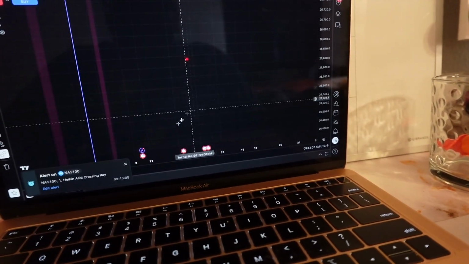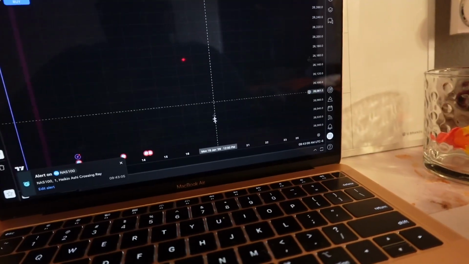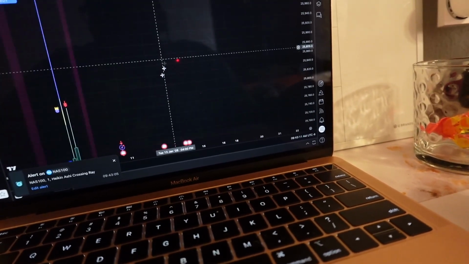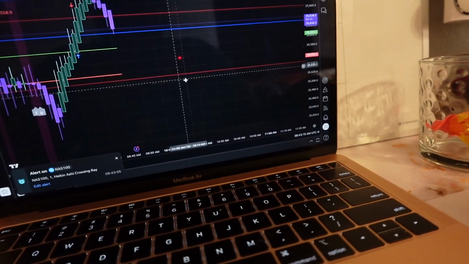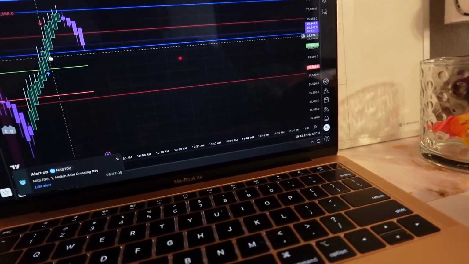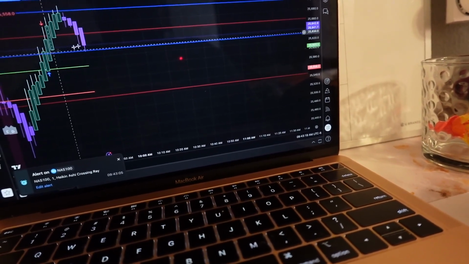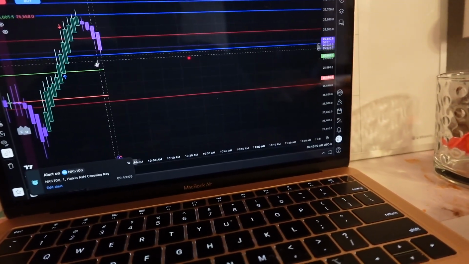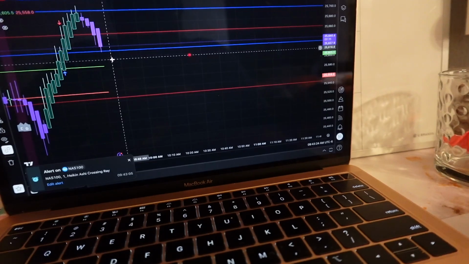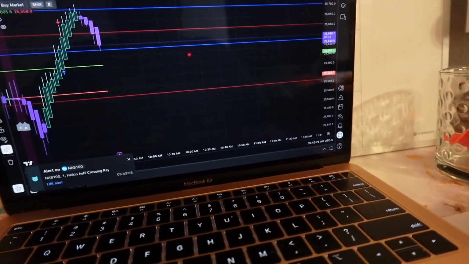But, see, what did it cost? Back to 2 minutes. So I have all my alerts set because if it breaks this, then I know it wants to come back to here, and then I will get in for a quick one.